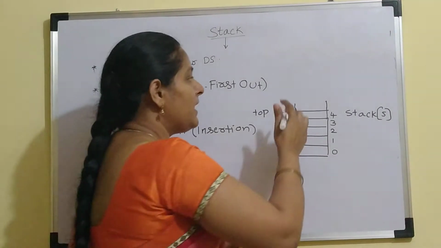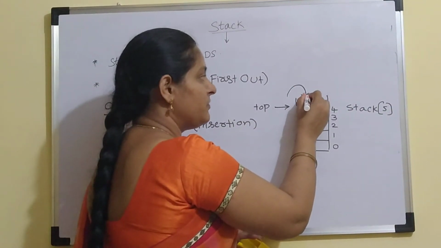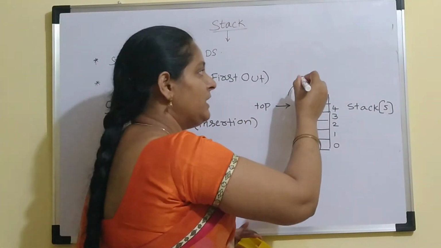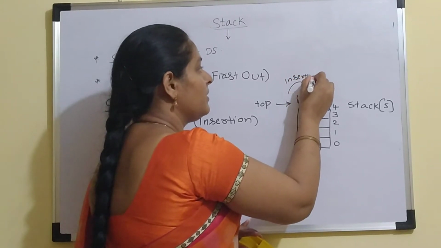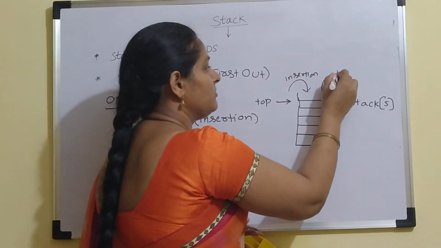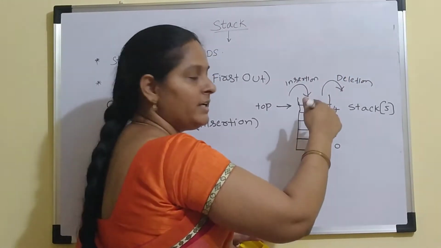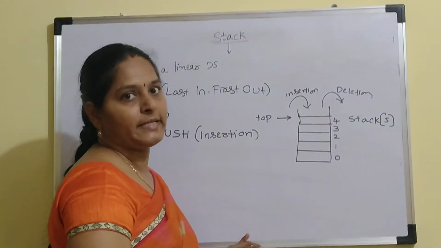Now as I said, there will be only one end open for us. That end we call the top of the stack. That end we will use for both insertion as well as deletion. Only from this end we can push the elements and remove the elements from the stack.